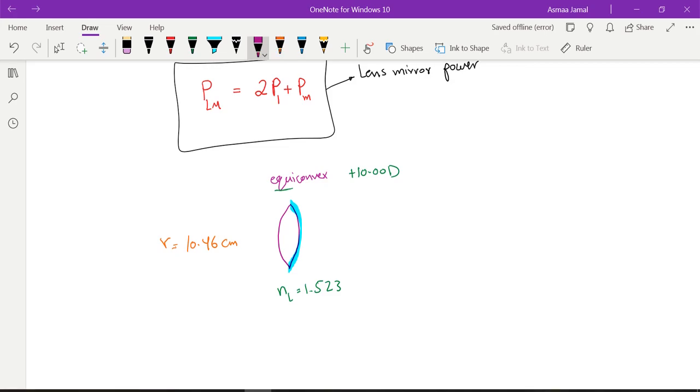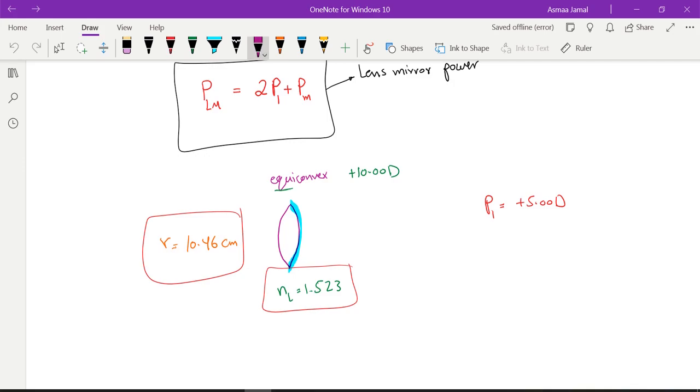Since it's an equiconvex lens, which means the front power equals the back power, that means the power of the front surface here equals plus 5 diopter. And here we have the refractive index and the radius of curvature for the lens.